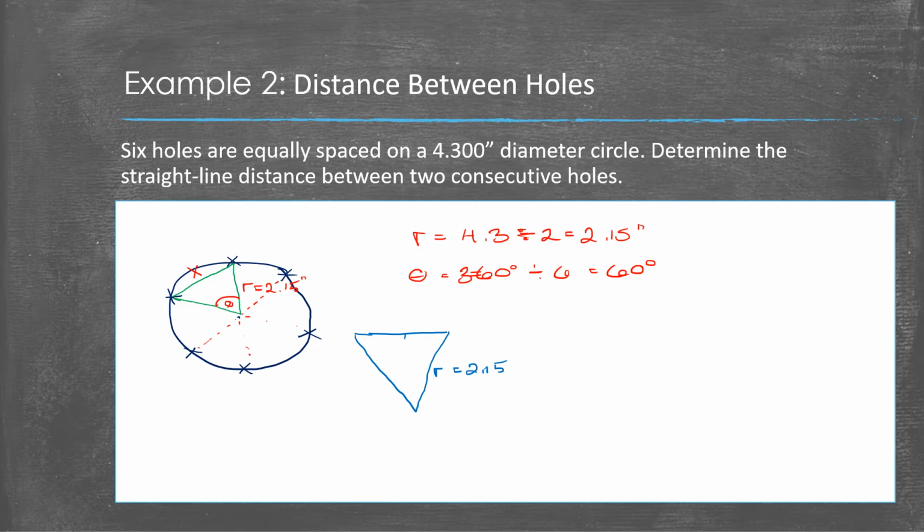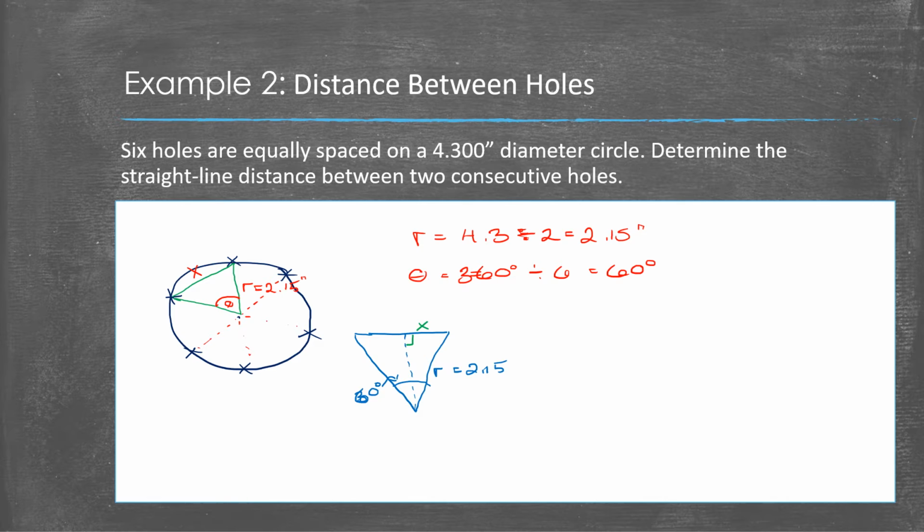I want to find out the length at the base, and we know the whole angle is 60 degrees. Okay, so that's the big angle. Now what we need to do is figure out our right triangle. So we're going to look at just this half.